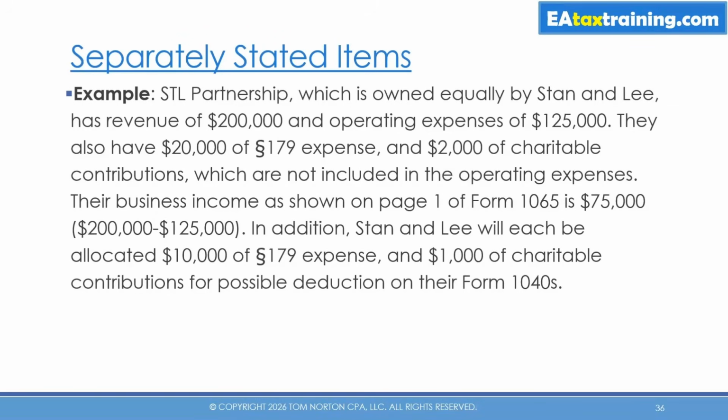It's possible deduction because obviously they may or may not, for instance, itemize deductions. If they don't itemize deductions, they're not taking that charitable contribution. So maybe one of them does itemize, the other does not itemize. So one will take that charitable contribution deduction, the other will not. And then Section 179 also is going to depend on the taxpayer, whether or not they can take it.